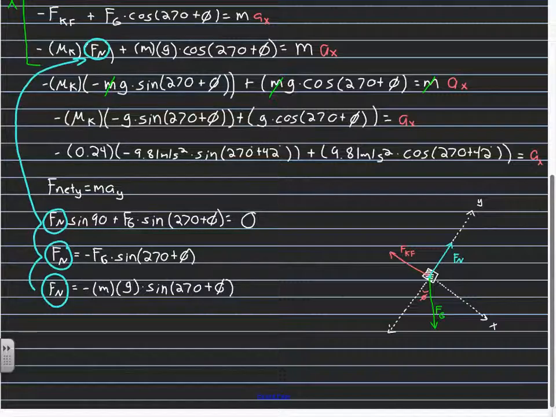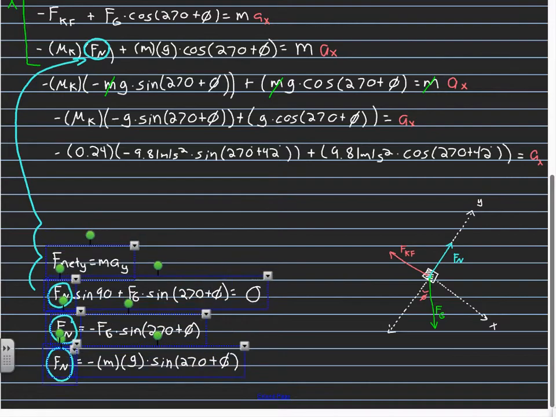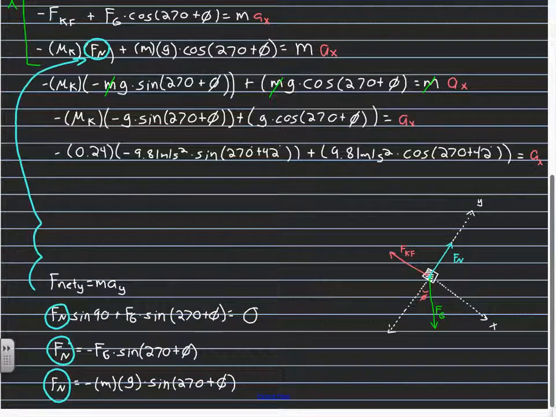So we can calculate this out. And when we do that, we have negative 0.24 times negative 9.81 times the sine of 270 plus 42.